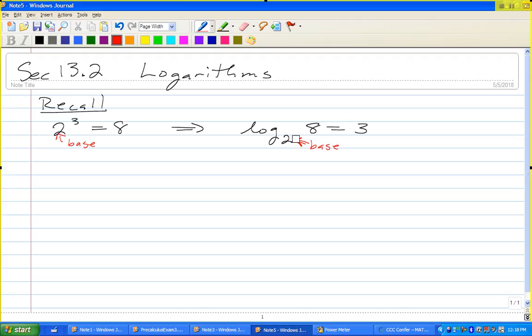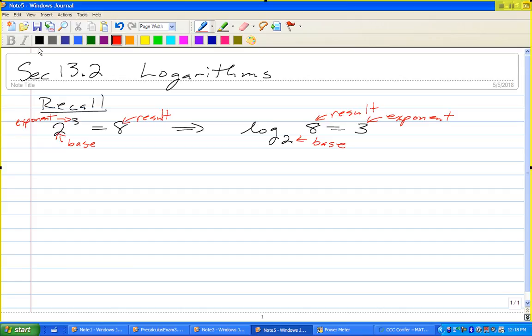The exponent is 3. And the result is 8. And so we can rewrite the fact that 2 cubed is 8 as saying that the log base 2 of 8 is the exponent 3.